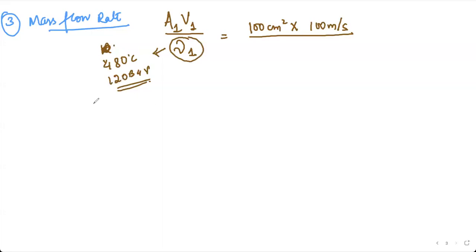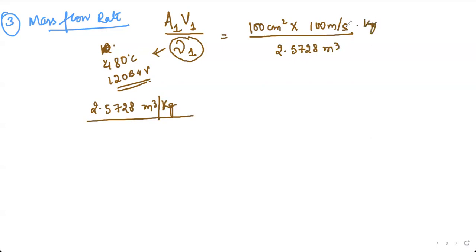It comes out to be 2.5728 meter cube per kg. This is your value of specific volume. So you substitute this value here, 2.5728 meter cube per kg.